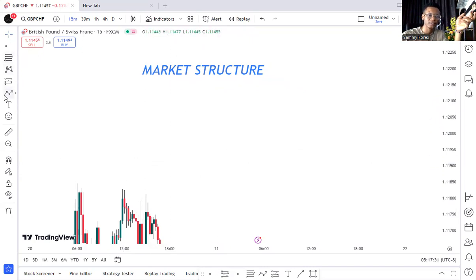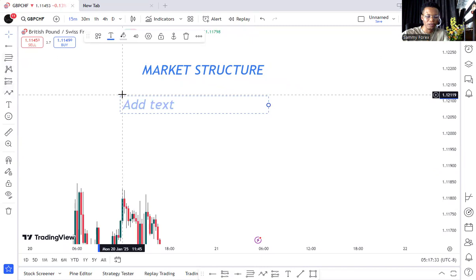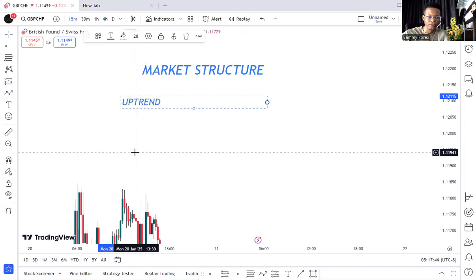So this is it. We are currently number one. We have the uptrend. We have the uptrend price. Okay, let me make this one smaller.